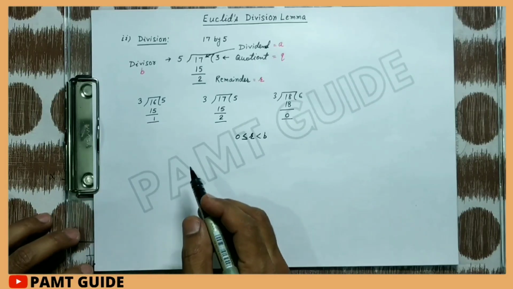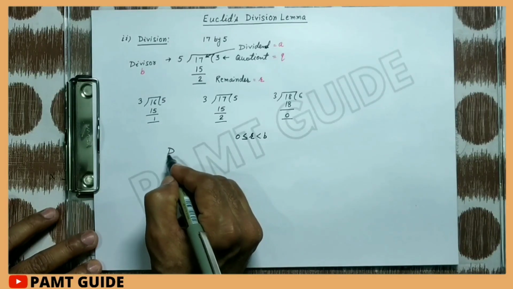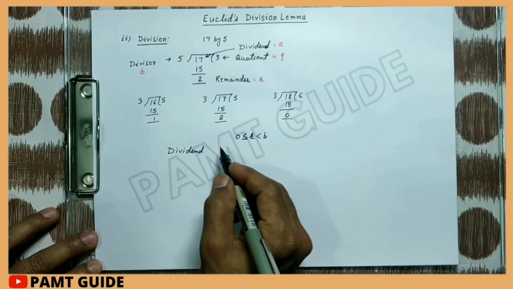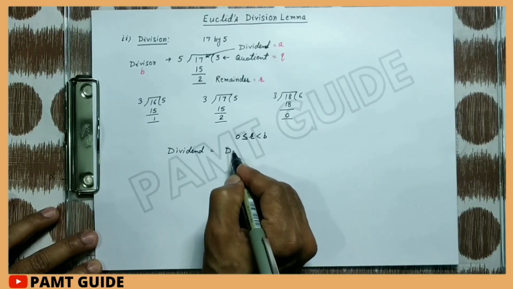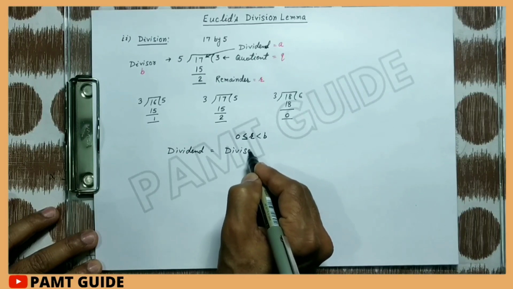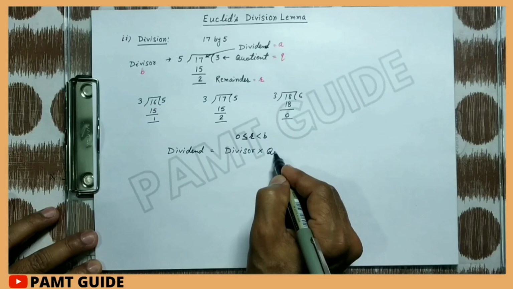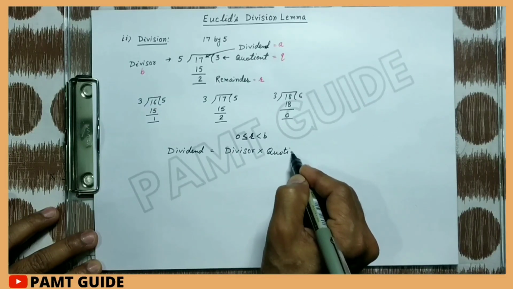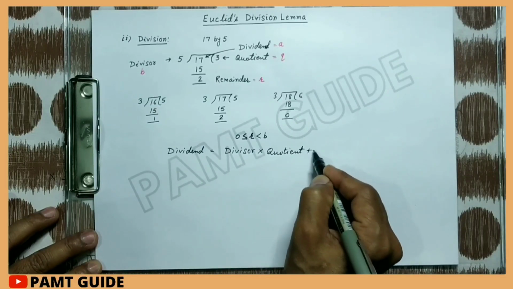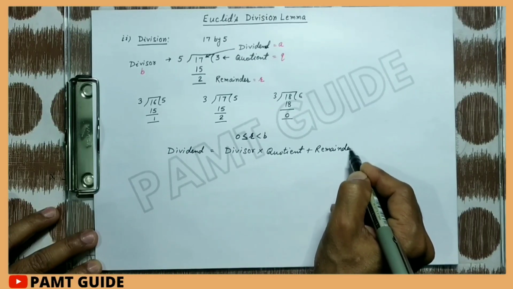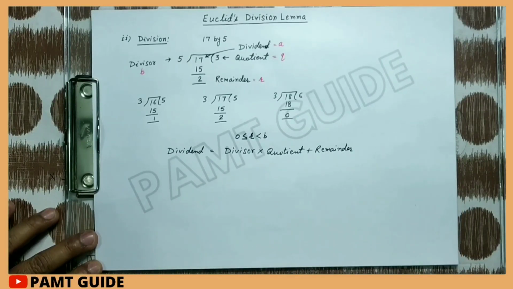And we have already studied that dividend equals divisor multiplied by quotient plus remainder.